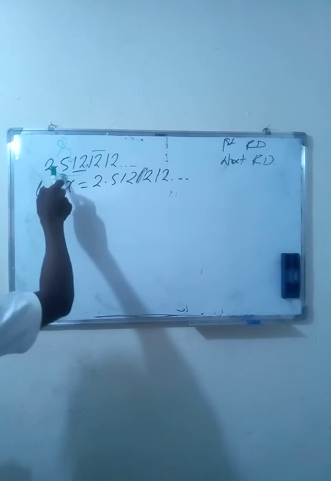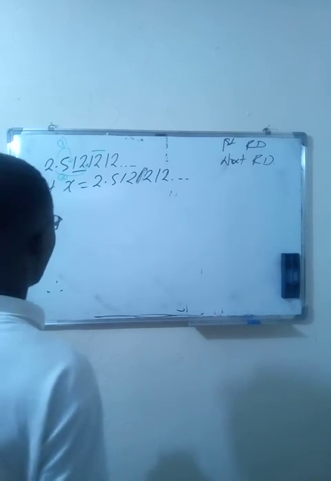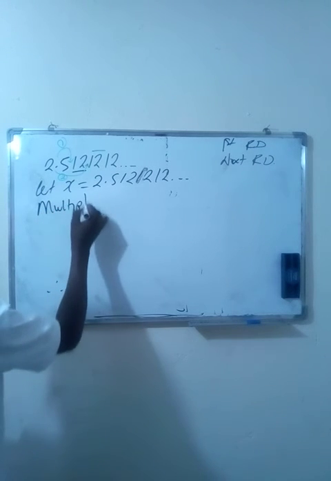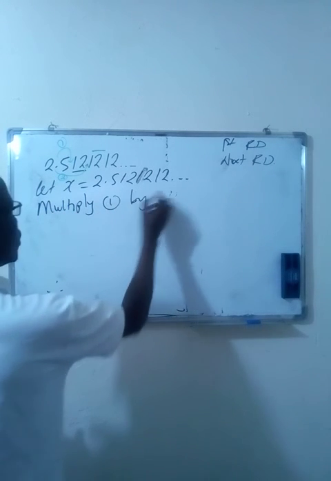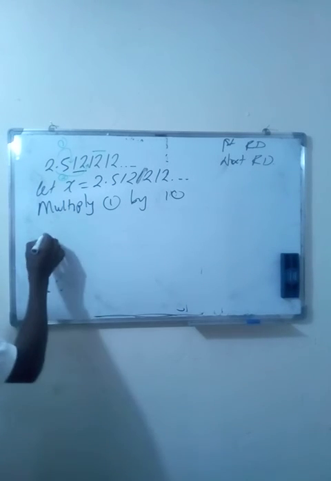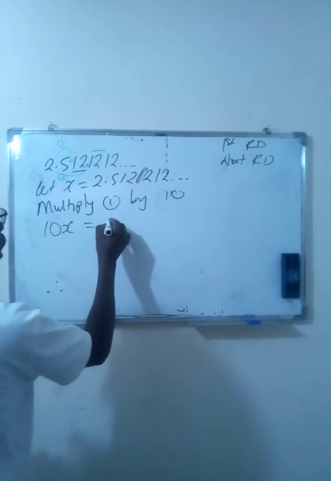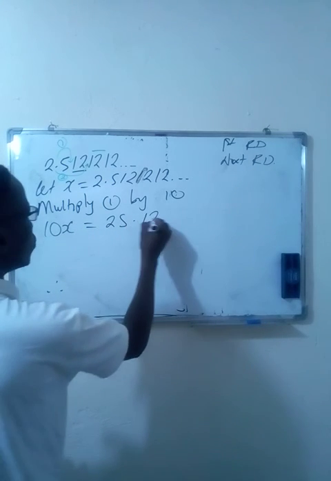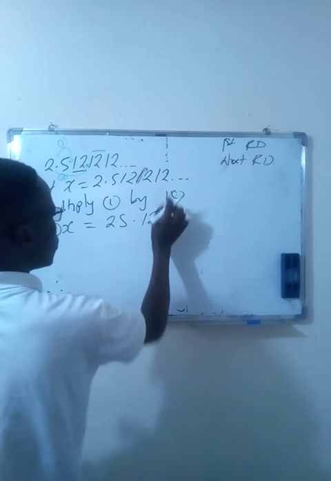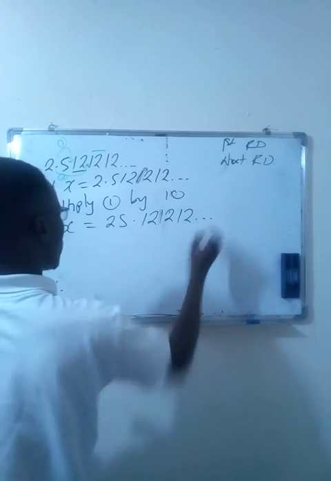There's only one step between where it is and the first repeating decimal, meaning that we multiply it by 10. So multiply equation 1 by 10. And what are we going to have on the left hand side? We're going to have 10x is equal to 25.1212. All right. Let me write that properly. 1212. Okay.